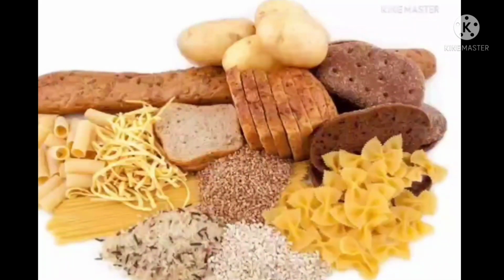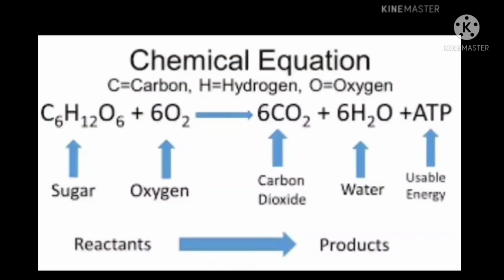These carbohydrates are broken down to form glucose. This glucose combines with oxygen in the cells of our body and provides energy. The special name of this reaction is respiration.